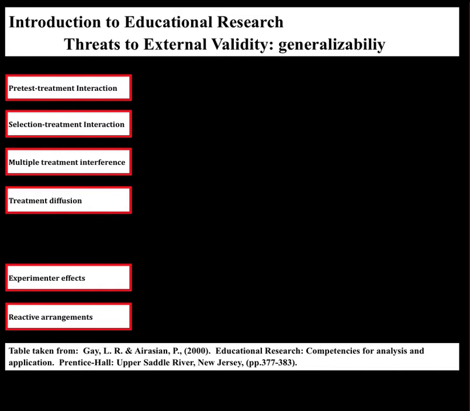So suppose we wanted to study the effects of a certain program on a population, let's say all 11th graders in California. Well, the population is way too large to study everyone, all the 11th graders. And so we draw a sample from that population, and we conduct a study on the sample to see how this program works out.